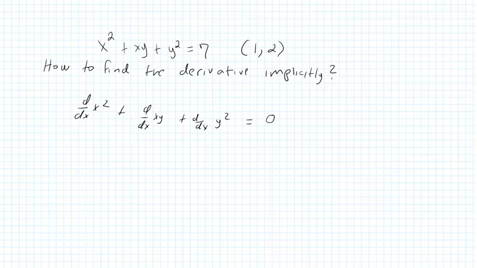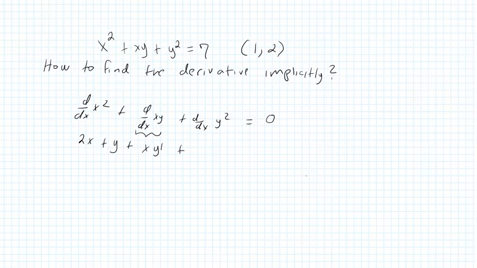Now we're going to take each derivative. So the derivative of x squared is just 2x. Now here we need to do the product rule. So we're going to do plus, take the derivative of x, that's 1, so we're left with y, plus x, and then the derivative of y, which is y prime.